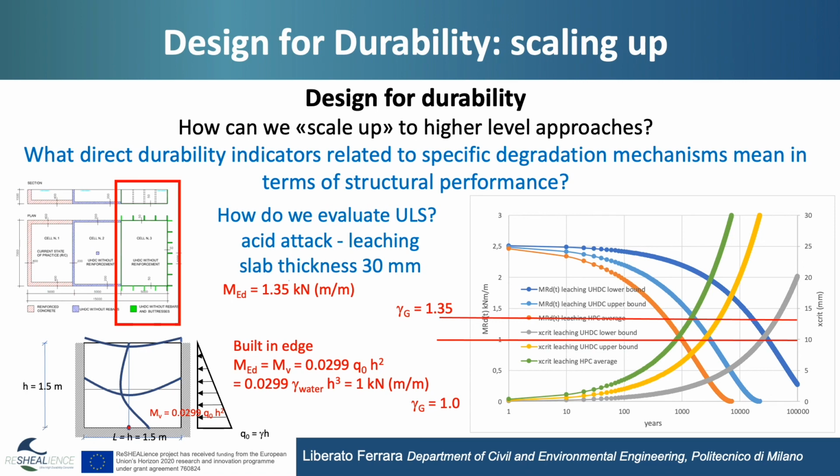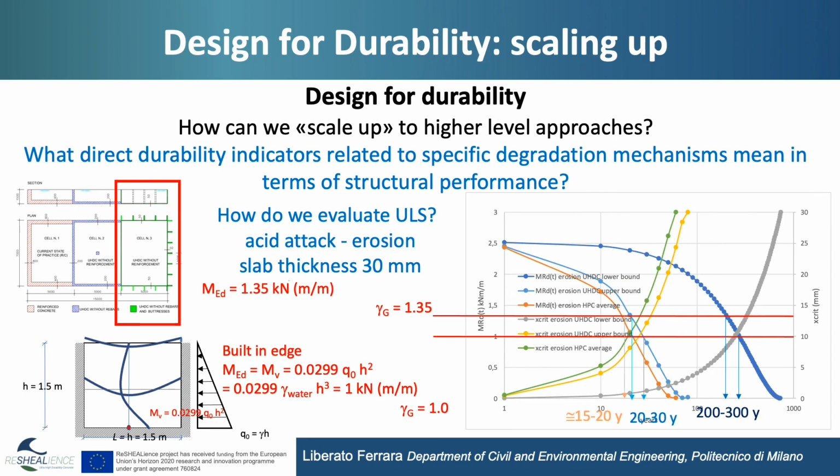In this case it is much more severe, because as you can see, we lose the moment capacity in 15-20 years if we have a simply high performance concrete, or in 20-30 if we have an ultra high performance one, but with lower bound values, lower qualities. So the values of the degradation parameters are quite high. This means UHDC upper bound in the graph.